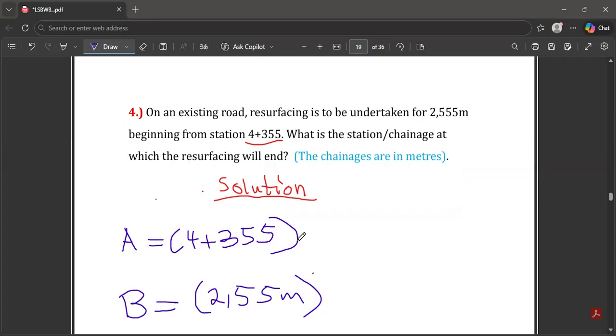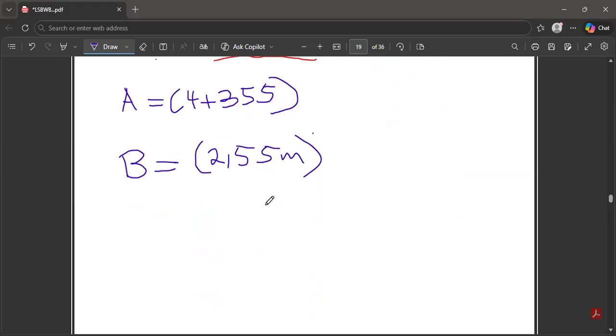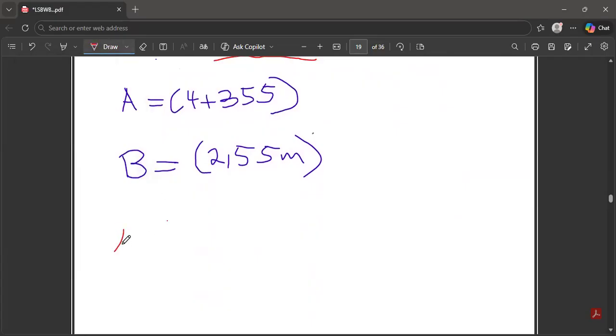So you see, from the starting to the end, the question is just asking you to add. You are supposed to add A and B. But if they are not collinear, if they are not in the same units, you can't add them. Okay. So we are supposed to add, but look at what we are going to do.